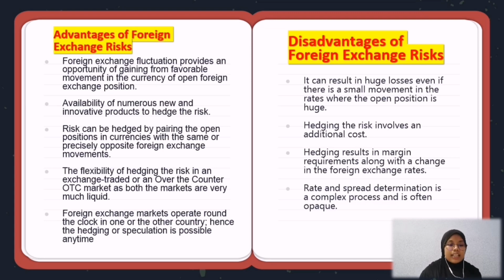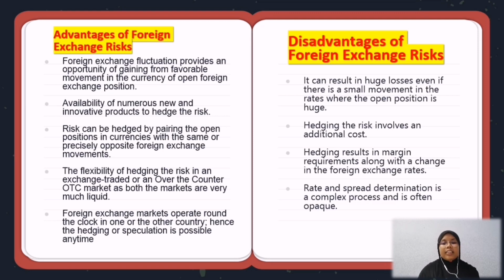Fourth, the flexibility of hedging the risk in an exchange traded or over-the-counter markets, as both the markets are very liquid. And last, foreign exchange markets operate around the clock in one country or another. Hence, hedging or speculation is possible anytime.